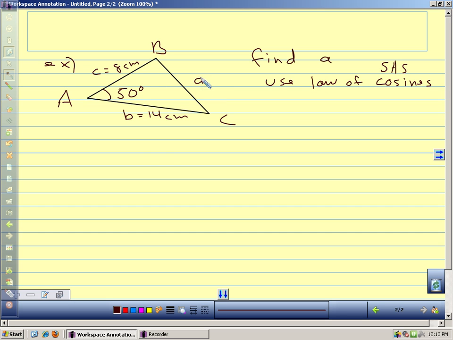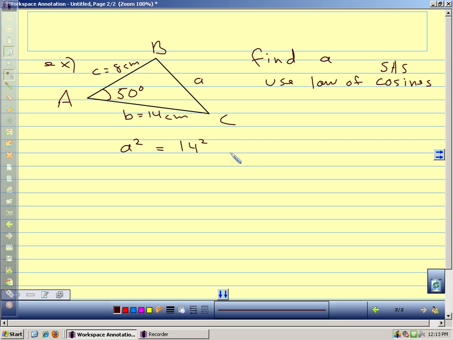We're looking for side A, so I'm just going to say a squared equals, and we know that we have angle A over here. It has to go on the other side of the equation. So we know that we're going to have a cosine of 50 over here. So the side A goes on this side. The cosine of the angle opposite goes on the other side. So I'm going to plug into my equation.